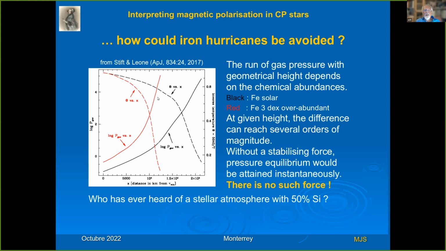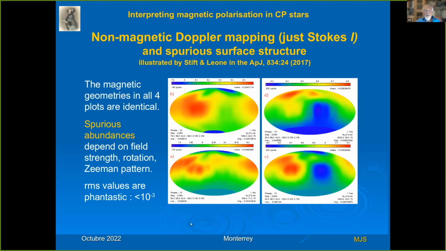You have several orders of magnitude difference in pressure. So how can this be stabilized? If you don't have a stabilizing force, pressure equilibrium would be attained almost instantaneously. But there is no such force. That's one point. And the other: has any one of you ever heard of a stellar atmosphere with 50% silicon and 50% hydrogen? I have never seen anything.